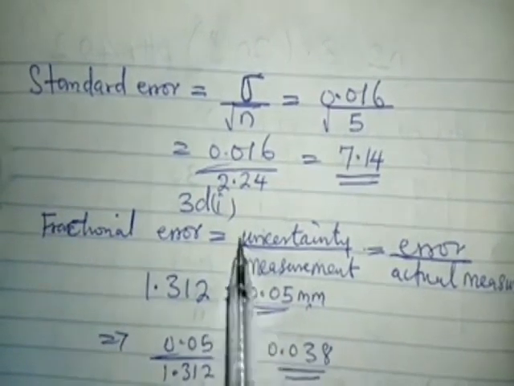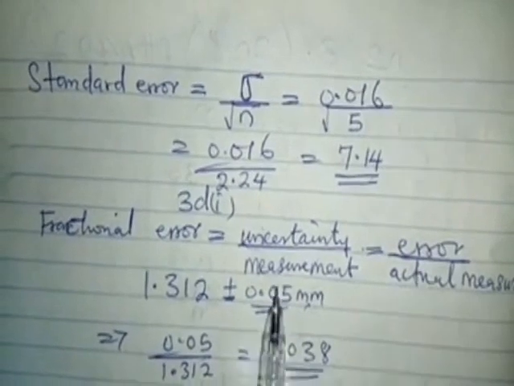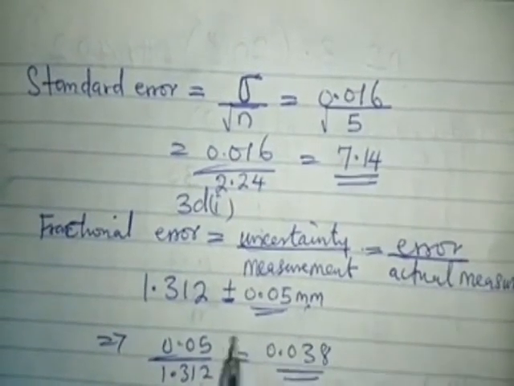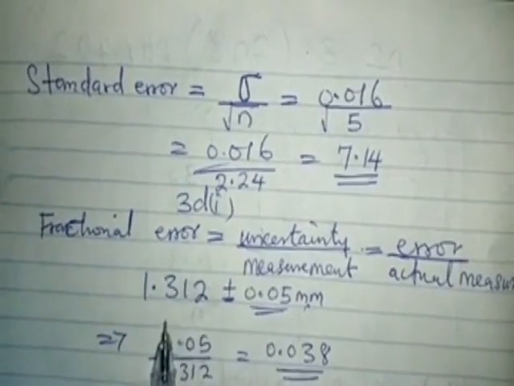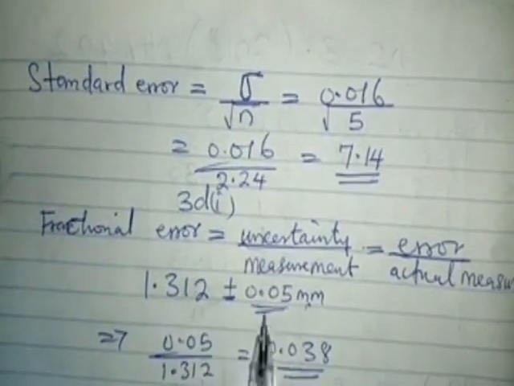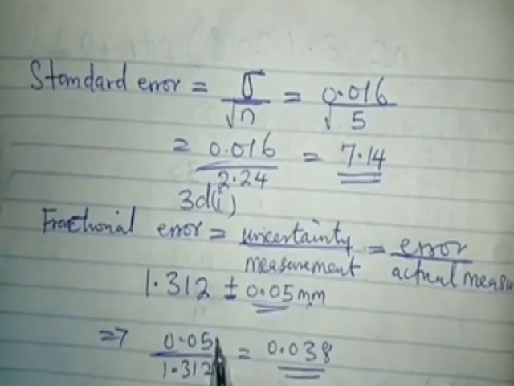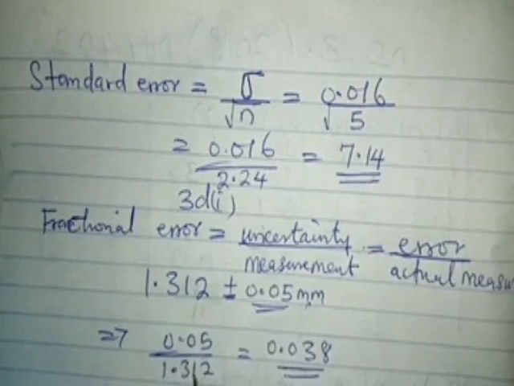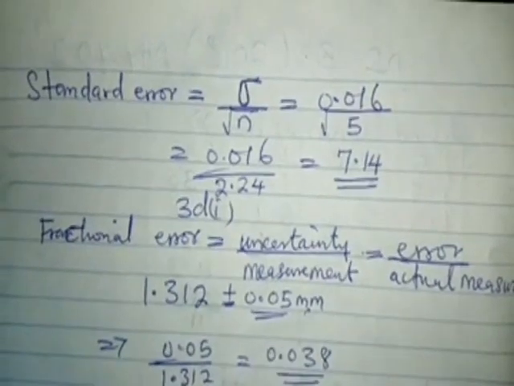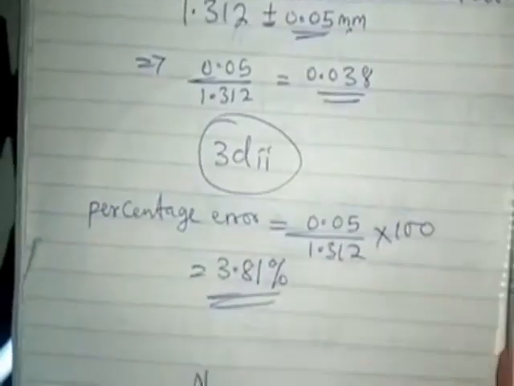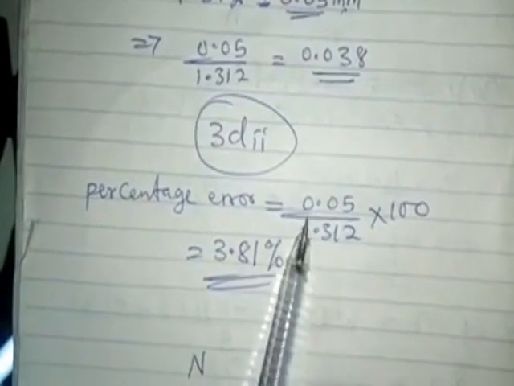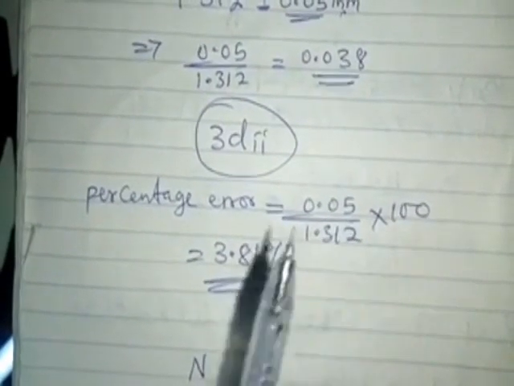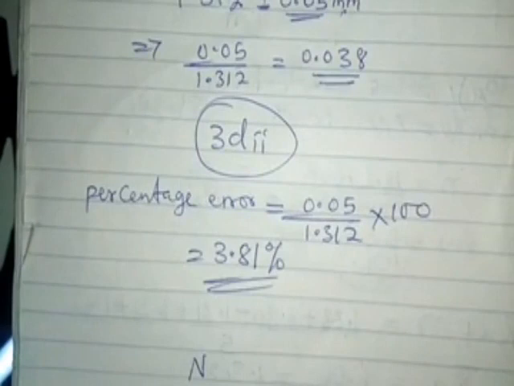So fractional error is simply that error divided by the actual value that we got. We measured 1.312, then plus this. So what we are going to do is 0.05 divided by 1.312, which is this. That is the fractional error. Then the next thing we're going to do is percentage error. Percentage error is fractional error multiplied by 100, which is this. Thank you.